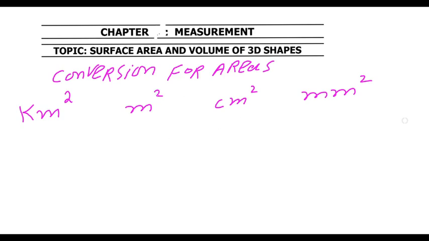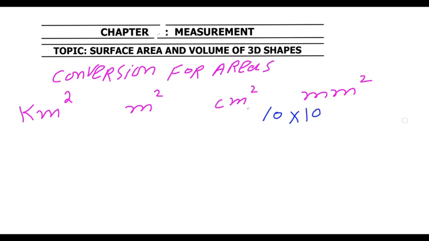Remember in conversion earlier I showed you conversion for length. Between centimeter and millimeter there is a 10. So centimeter square to millimeter square means 10 times 10, so you double up and multiply.